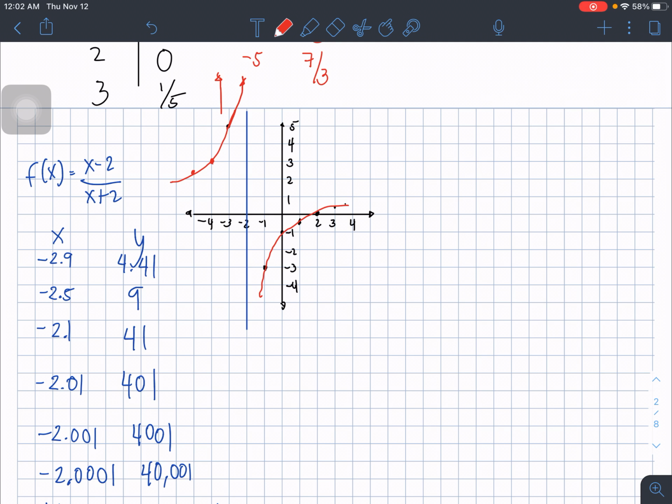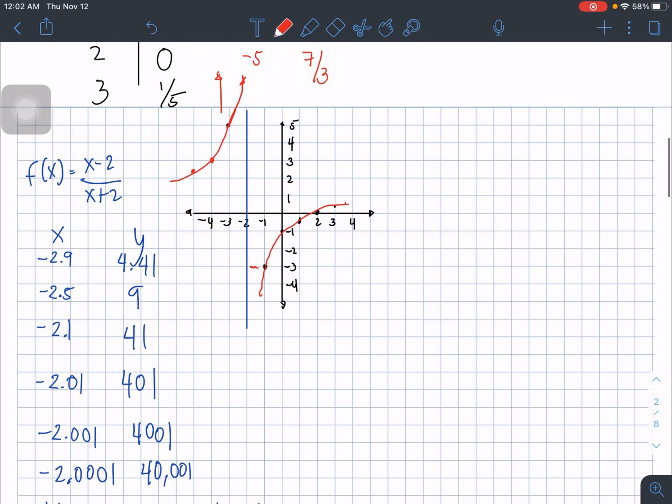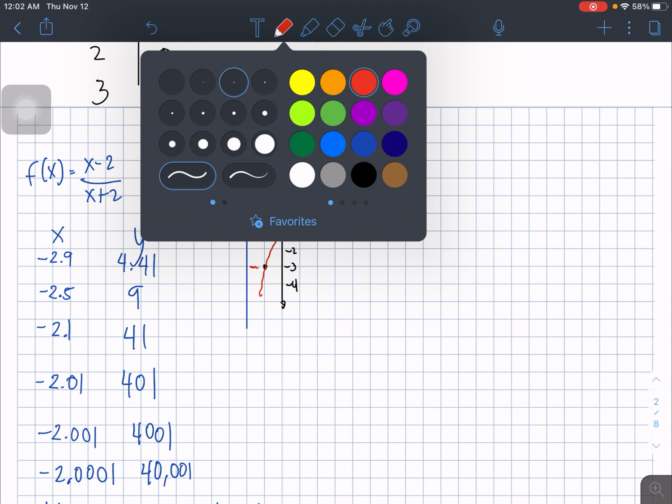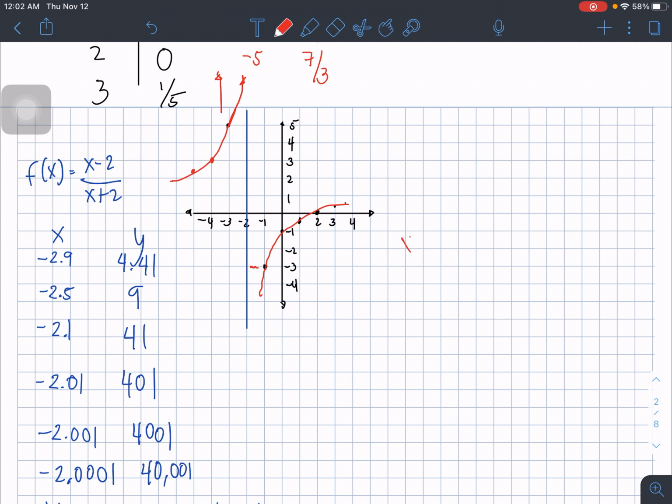So let's try to examine this part. If we try to approach from negative 1 to negative 2, let's try to close this out. So let's say if x is equal to negative 1.1, what will be the value of y?